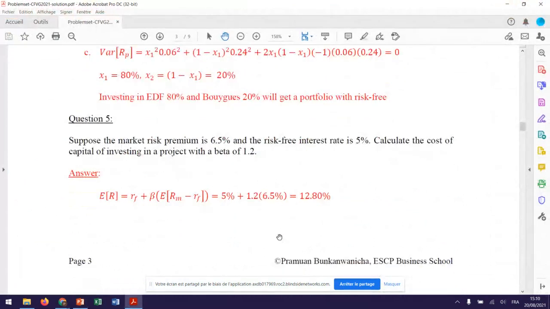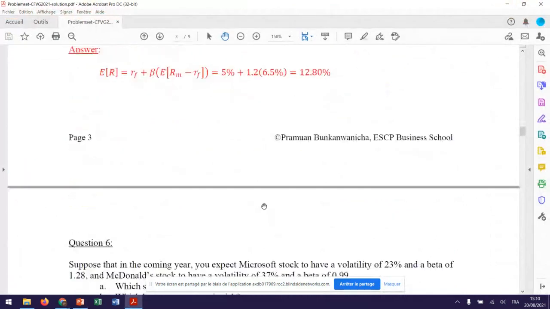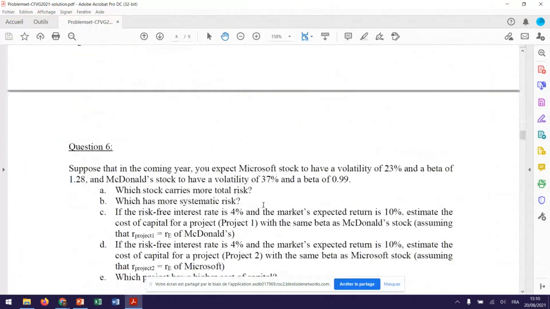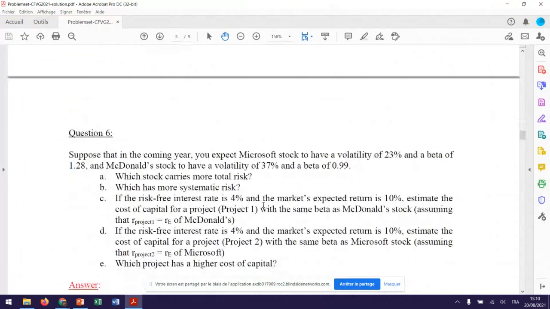That has already been answered by one of your friends. Interesting. Question number 6. Suppose that in the coming year you expect Microsoft stock to have a volatility of 23% and a beta of 1.28, and McDonald's stock to have a volatility of 37% and a beta of 0.99.